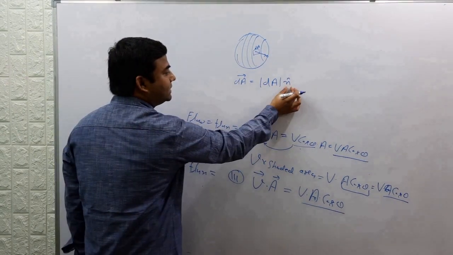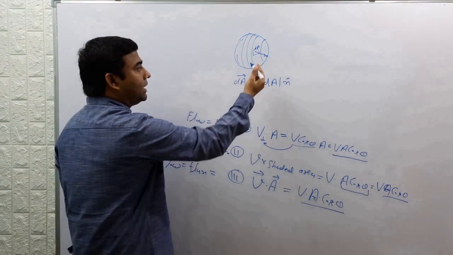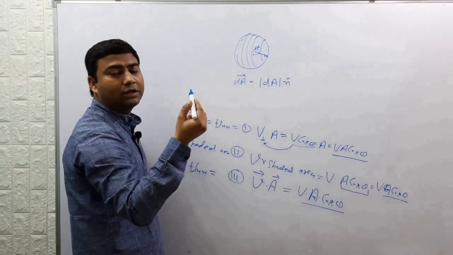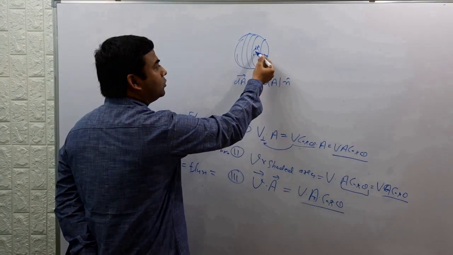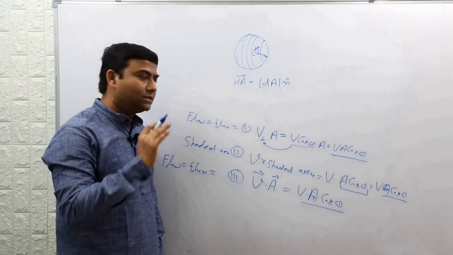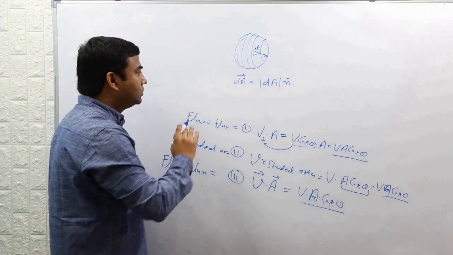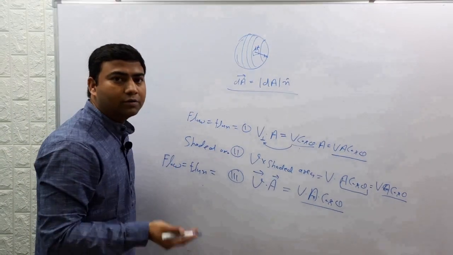So n is perpendicular to this small area dA, and the direction is towards the viewer, and perpendicular to this small dA area. That is a convention when you define area vector for a curved surface.